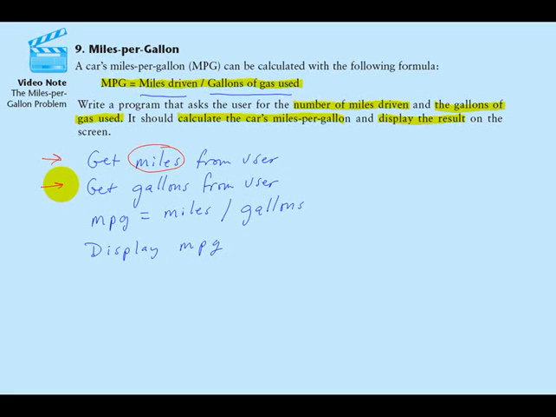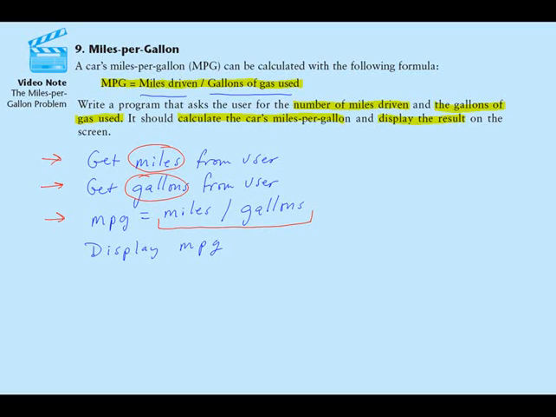In the next step, we're going to get the number of gallons from the user, another input operation, so we need a variable to hold that piece of data. The next step is to perform a calculation: MPG equal miles divided by gallons. Now this math expression involves the two variables that we know that we're going to need, miles and gallons, and it's going to give us a result.